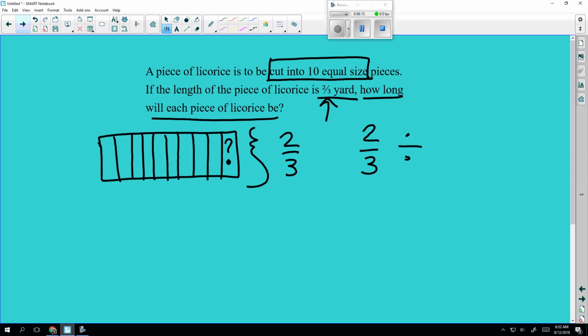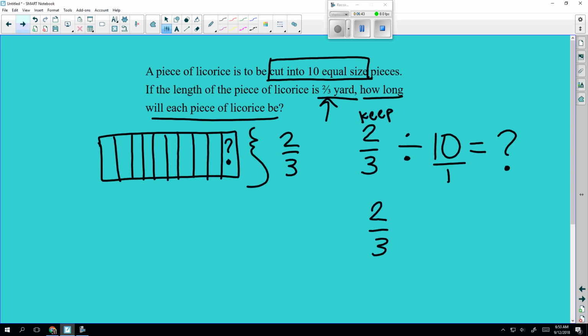I'm going to divide that total into 10 smaller licorice pieces, and I want to know how long each piece will be. Okay, that's my unknown. Well, if we go by what we learned yesterday using the reciprocal, if I have a whole number, that's 10/1. So I'm going to keep my first number. Remember, this is keep.